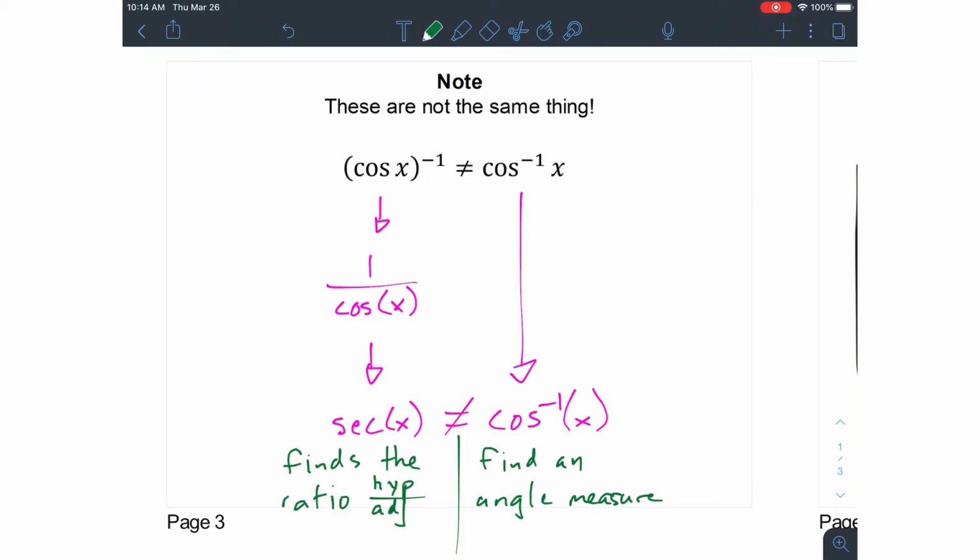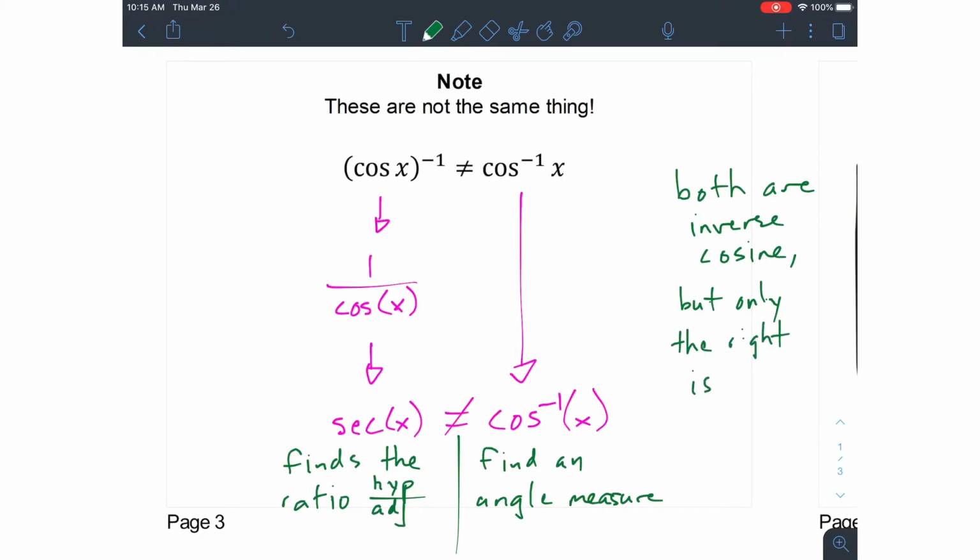So those two are not equal to each other. Both can be called inverse, but only the right is going to be known as arccosine. So that's why I am going to always say arccosine, arcsine, arctangent, and so on, just so it's more clear.